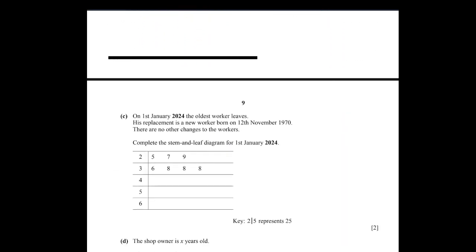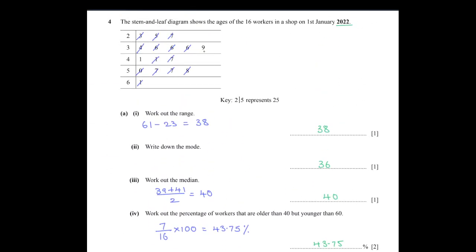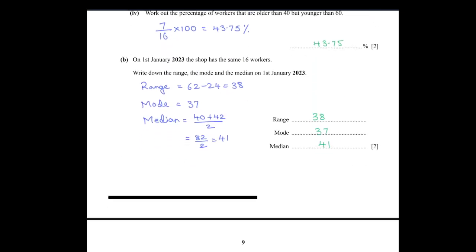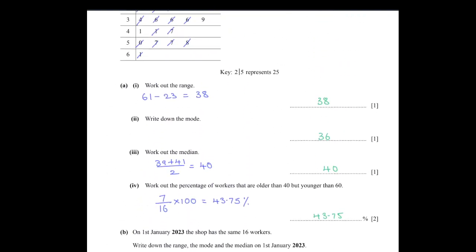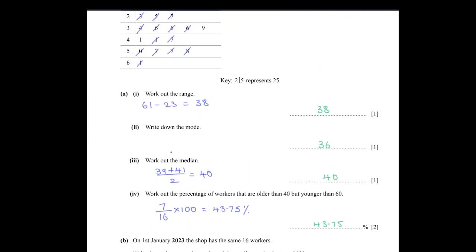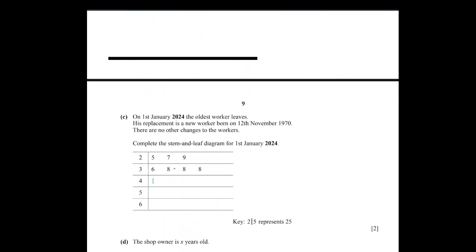So the column 3 has already been done. 36, 38, 38, 38, 40. Now this 39 is becoming 41. So let us write 1 first. Write 1. And then this 41, 41 will be 43. 43, 43 and 49. So 3, 3, 9.